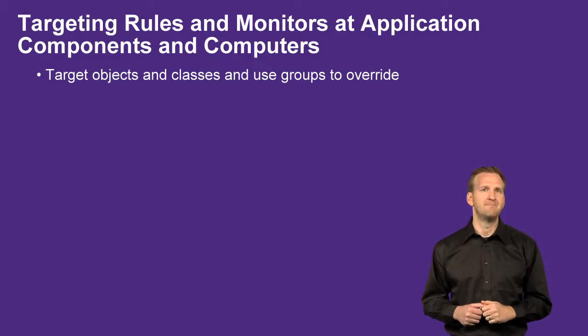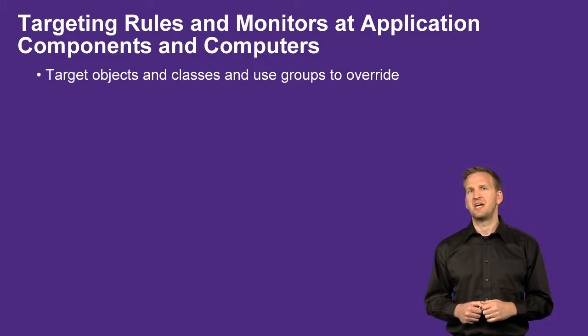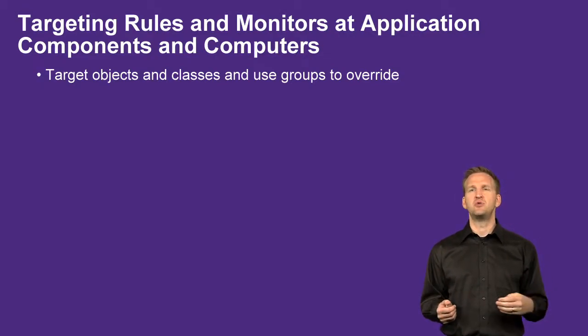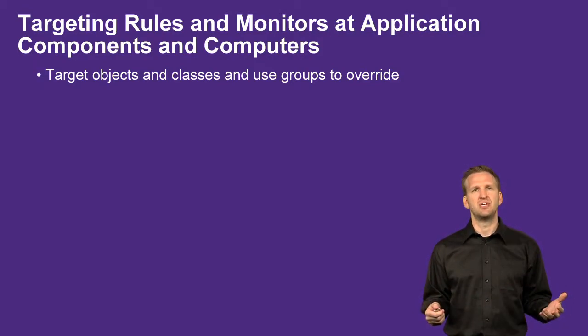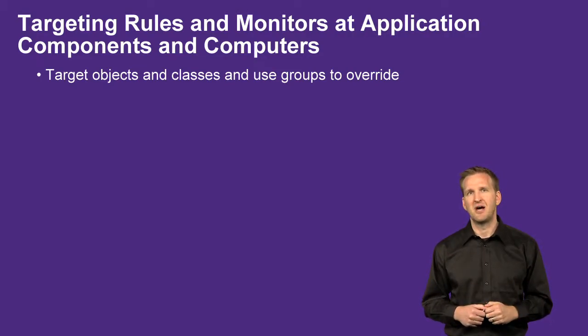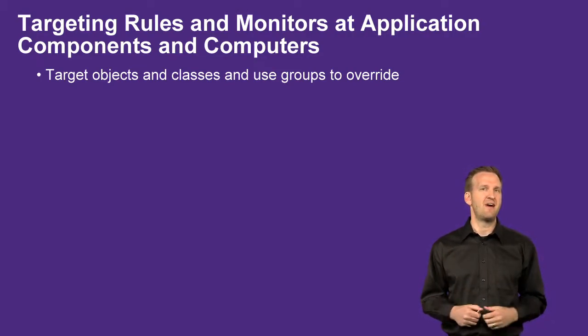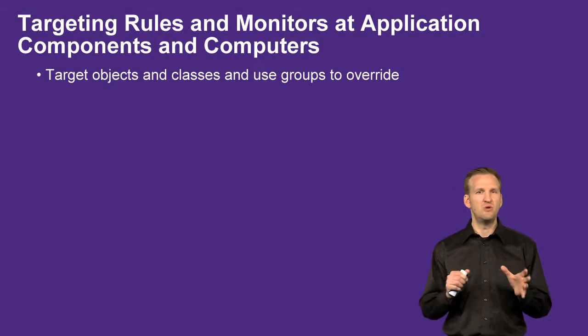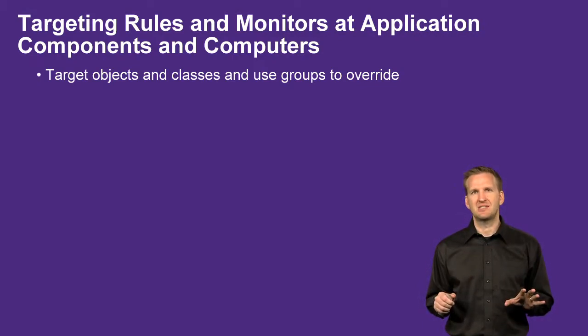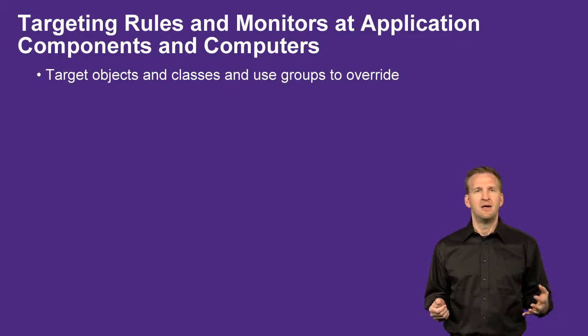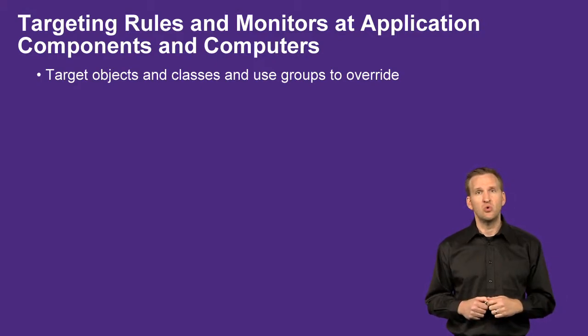So we're targeting them. The other thing that I could do is I could target a rule to an object class, like database object class. So it's not just about which computers, it's every computer out there that might have one of these database objects on it. And then the rule is in effect. So rules can really be targeted at various different objects so that we're not overwhelming every single computer in our environment trying to follow every single rule.